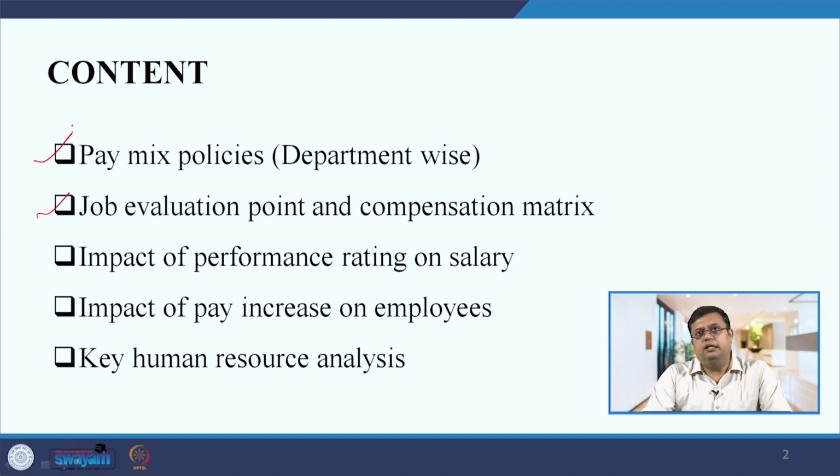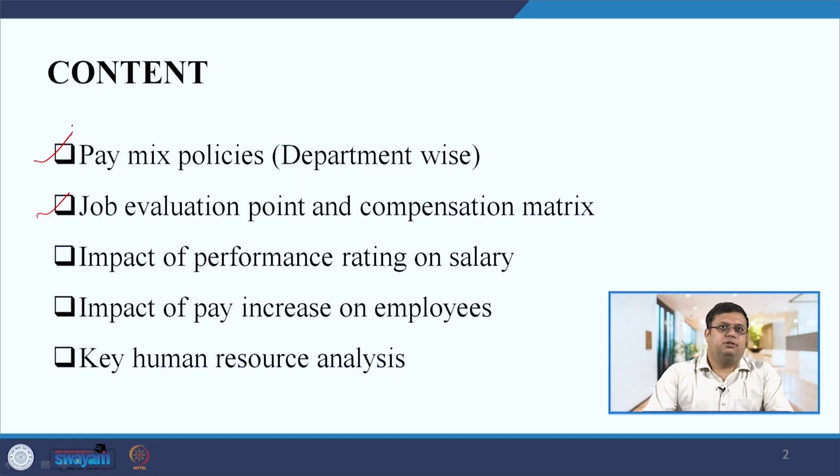So, for each job you have to identify the skills which can be paid for doing that particular job, and then calculate the job worth, how important this job is in the organization, and accordingly decide the compensation for that job.